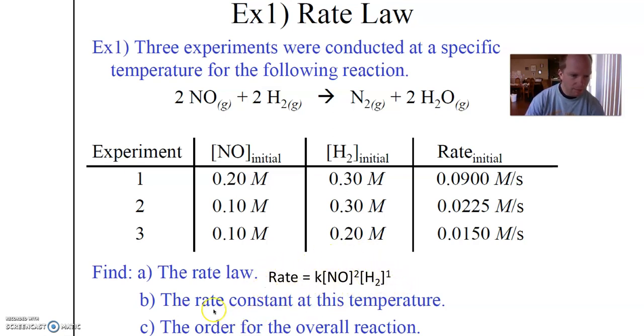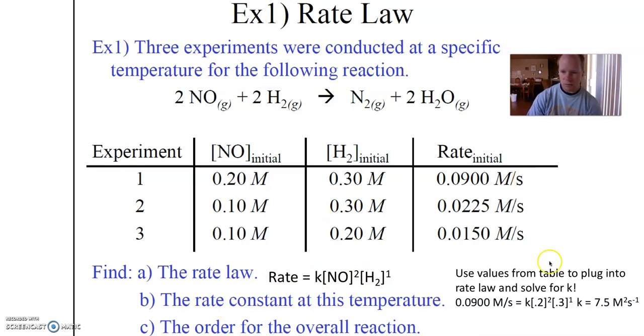K equals that. The rate constant. Then I just plug stuff in. I use values from this table up here. Doesn't matter which values. You can choose any line. Plug them all in. That gives me my K. Okay. And then the overall order of the reaction, this is a third order reaction because if I add up my M and my N, I get 3.